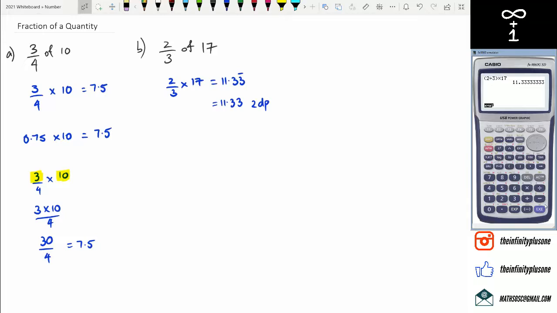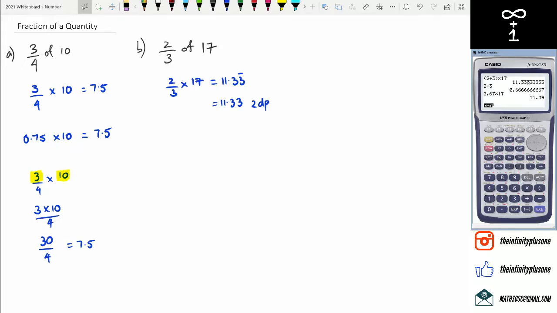If you think about converting 2/3 as a fraction to a decimal, when we do 2 divided by 3, we end up with 0.66667. If we round that up, we're going to get 0.67. And if you multiply that by 17, your answer ends up being 11.39.